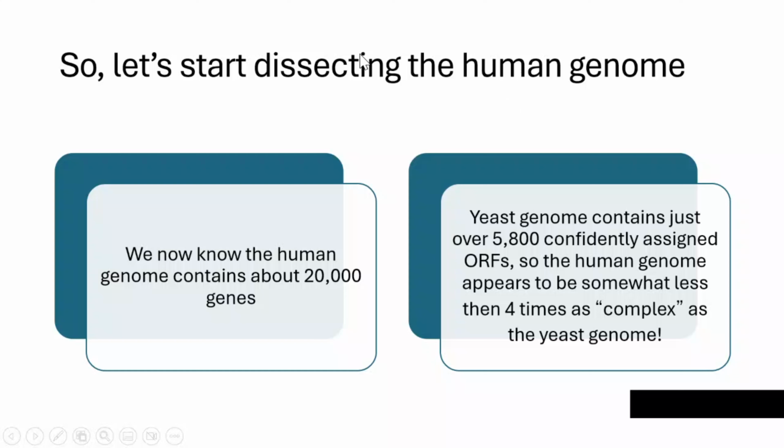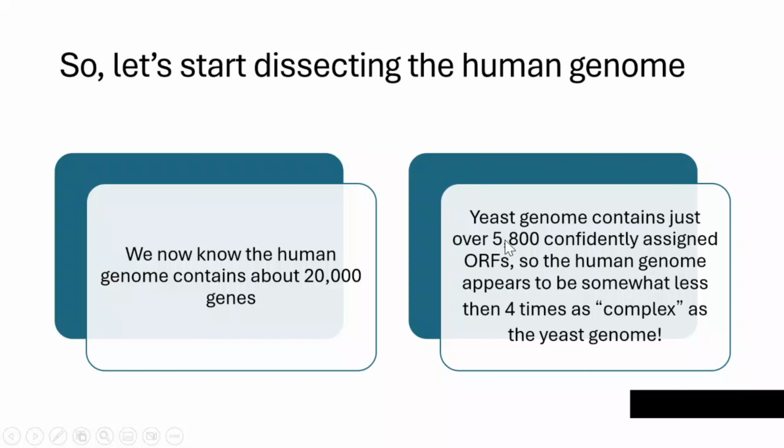When it was sequenced, we realized after doing some functional studies that there are about 20,000 ORFs, 20,000 genes in the human genome. But the problem is that the sequence was about 100 times longer than the yeast, and that was kind of weird. That's where we understood that there are other pieces that are not found in the yeast, or at least found in limited numbers.